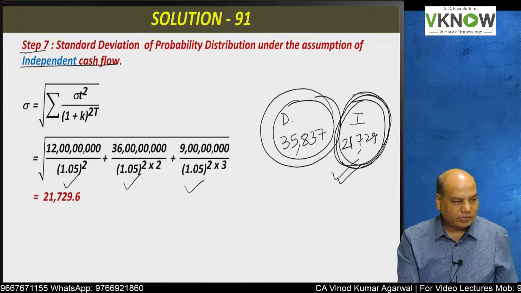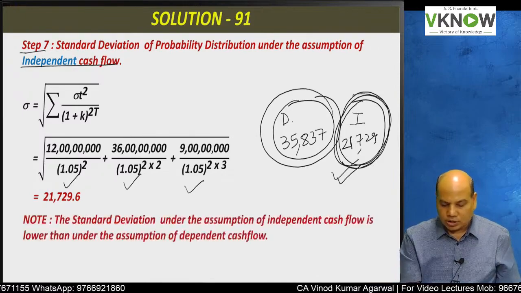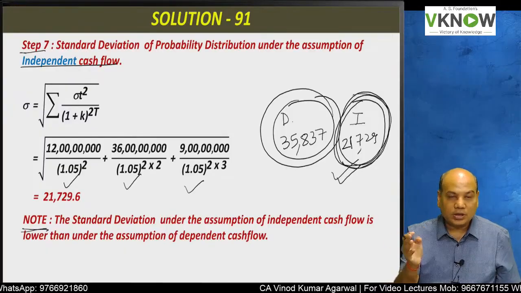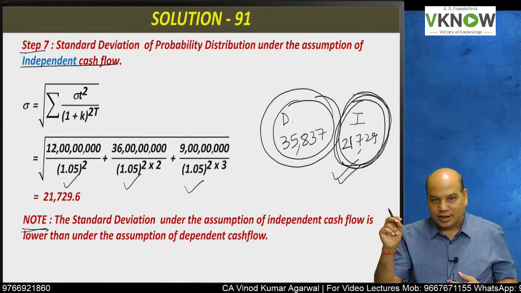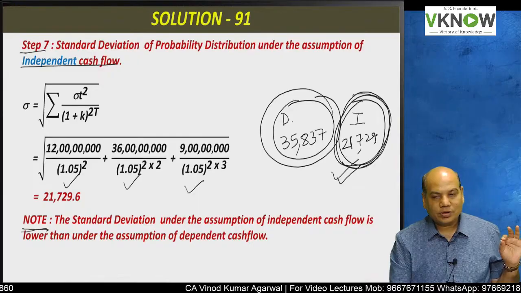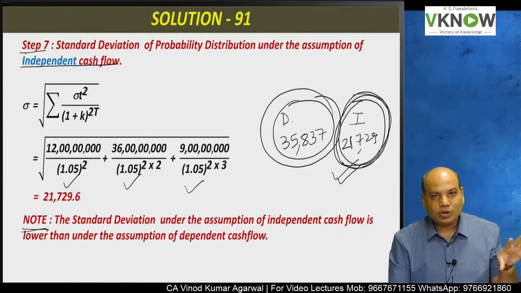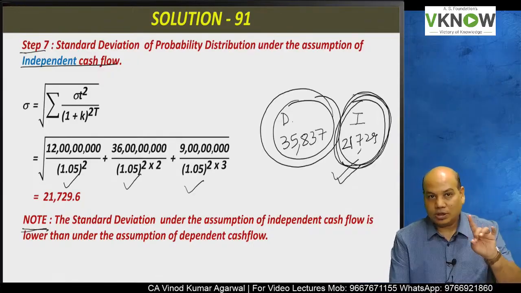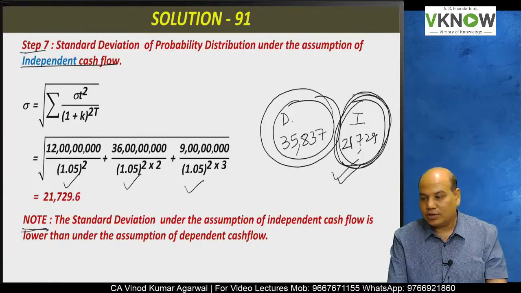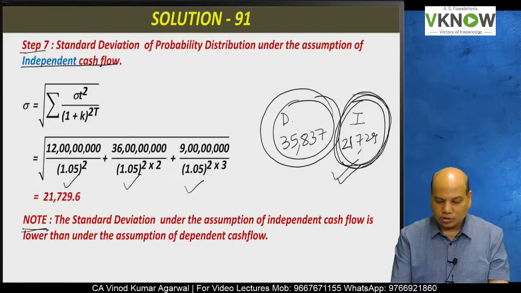Write down please a note. This will happen in every problem. You can try the other questions also that we have solved. Under independent cash flow assumption, the risk is less because what happened in past will not affect your future. But if the cash flows are dependent, the risk is more, and that is reflected in the standard deviation also.